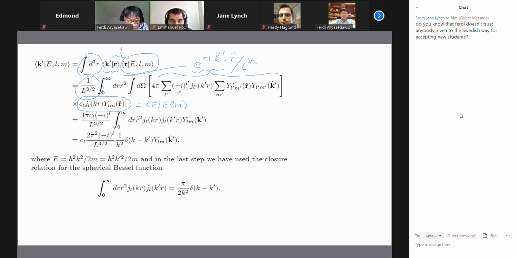So we have two spherical harmonics. They are orthonormal. There is some normalization constant, but otherwise they are just orthonormal functions. So we can then integrate over the solid angle.